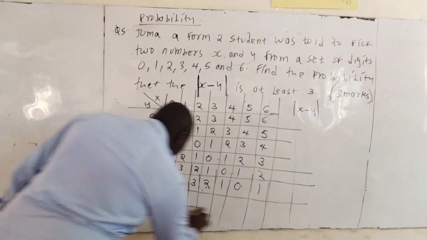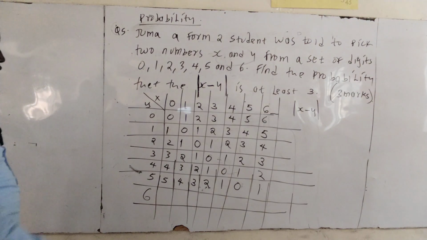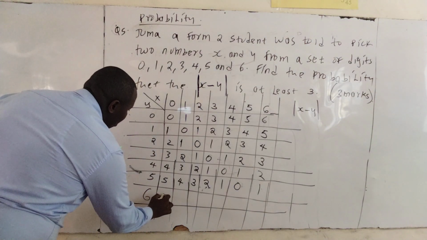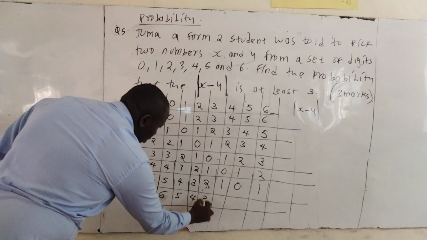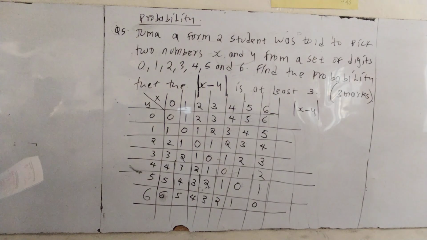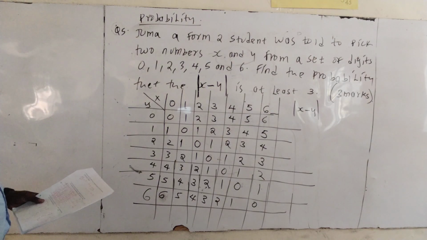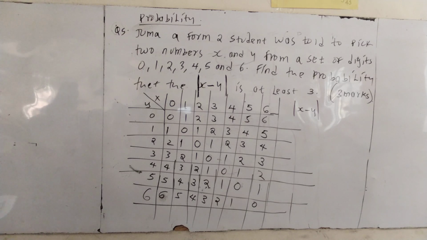And then the last one should be 0 minus 6, that is 6, 5, 4, 3, 2, 1, and 0. So you are supposed to get it like that.